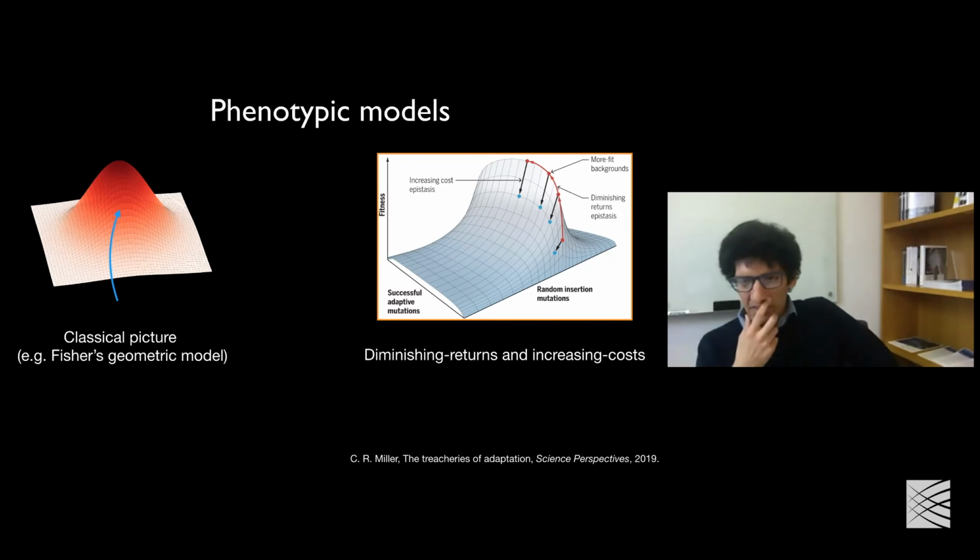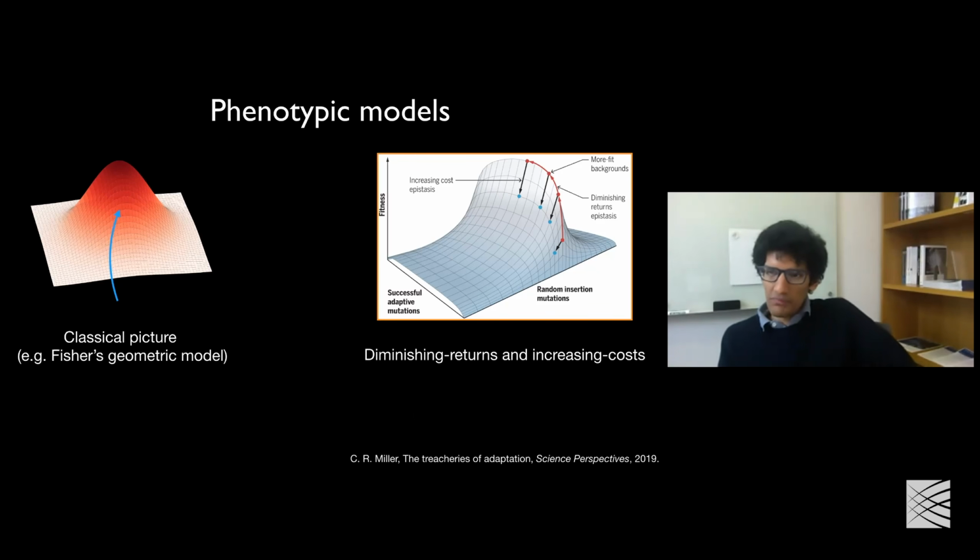When we think of diminishing returns, as you go up in fitness in this phenotypic landscape, the effects of beneficial mutations get smaller, so you should see a slowing down at the top. But on the other hand, the effects of deleterious mutations also get larger on fitter strains, so there are these steep cliffs as you go up. As you can see, this picture is quite contrived.